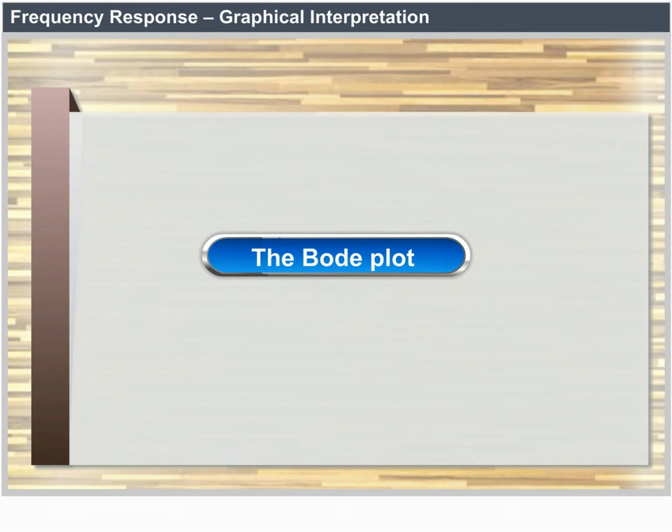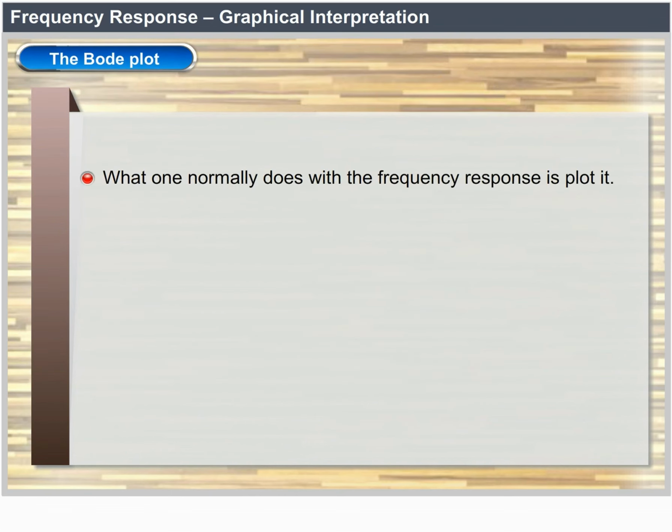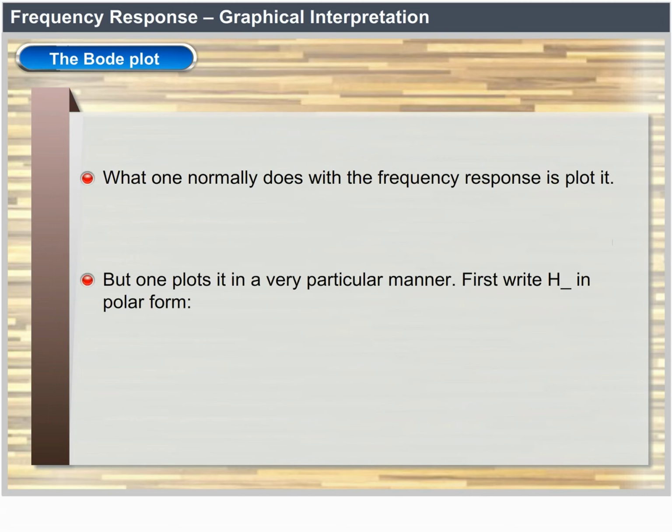The Bode plot. What one normally does with the frequency response is plot it. But one plots it in a very particular manner.